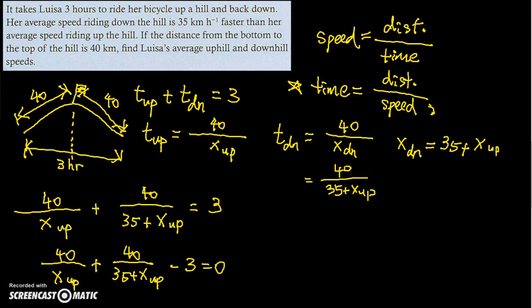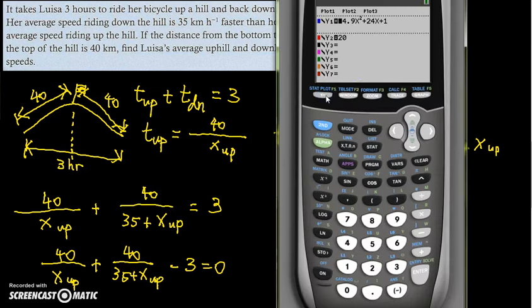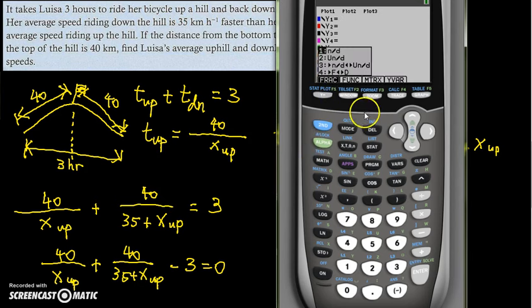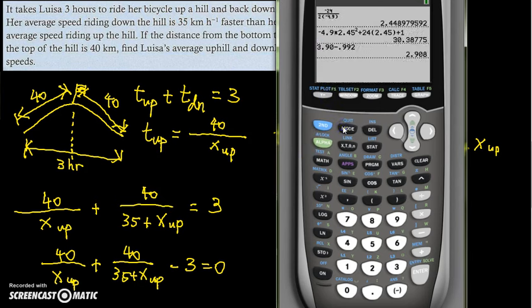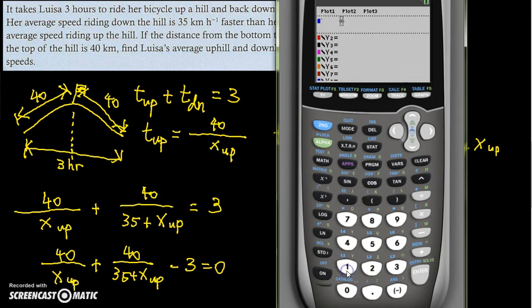So let me open up my graphing calculator. I'm going to clear everything and put the equations in. We're going to start by typing fractions. I'm going to press alpha y equals 2, and that brings up the fraction menu. Click on the first one, and I'll have 40 over x plus another fraction, 40 over x plus 35, or 35 plus x, it doesn't matter, and minus 3.